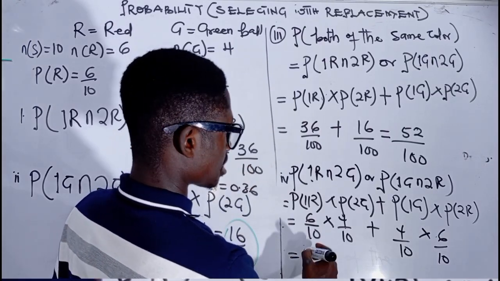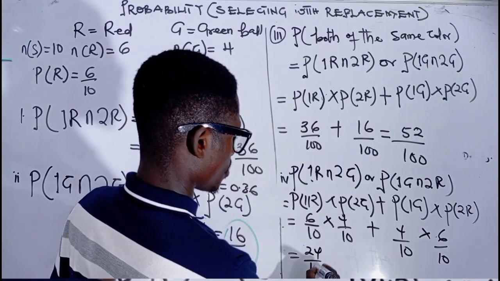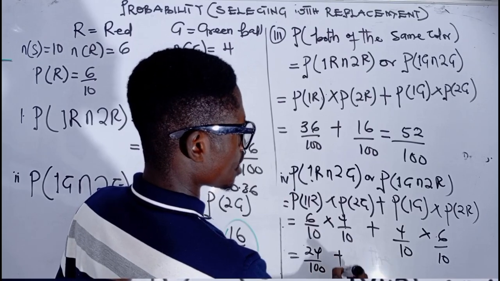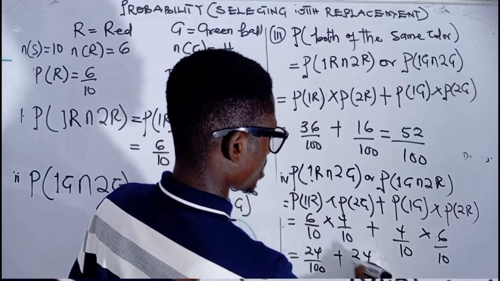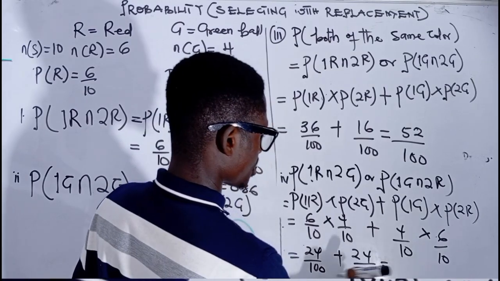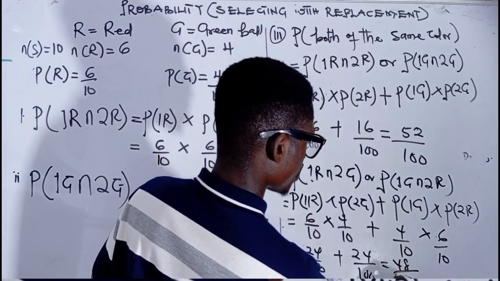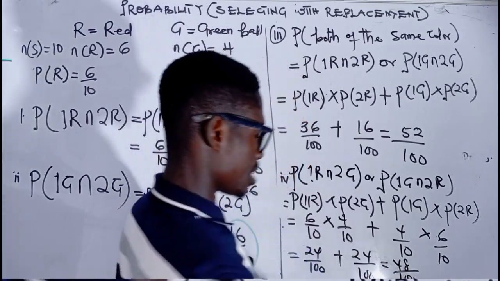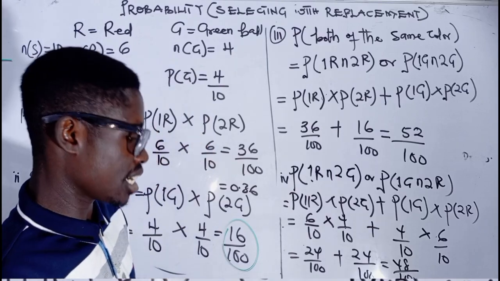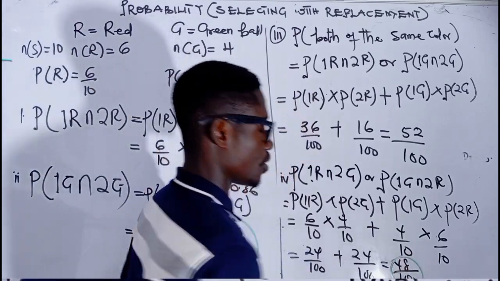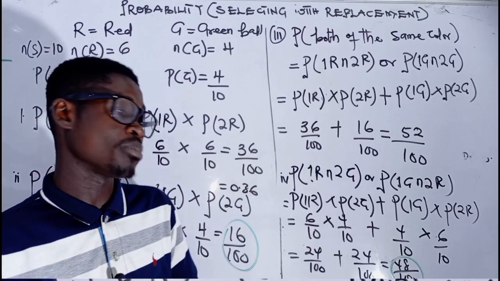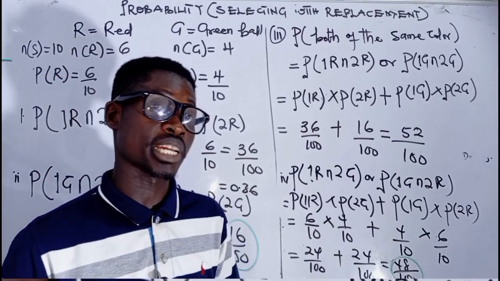So this is going to give us 24 all over 100 plus 24 all over 100, and this is going to give us 48 all over 100. So the probability that they are of different colors is 48 all over 100. You can convert it to decimal to get 0.48.